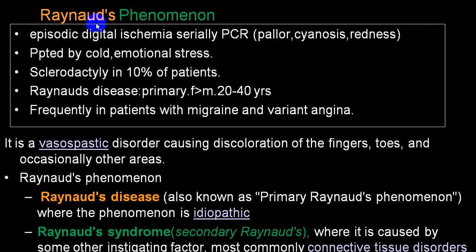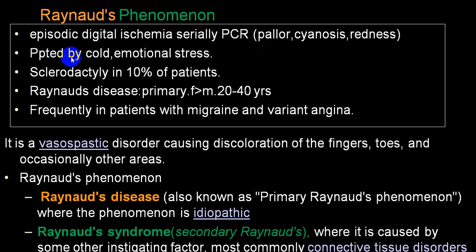What is Raynaud's phenomena? Raynaud's phenomena is an episode which happens in the digits, that is fingers and toes, the distalmost part, where due to arterial vasospasm you get ischemia, in which you see pallor, cyanosis followed by redness.